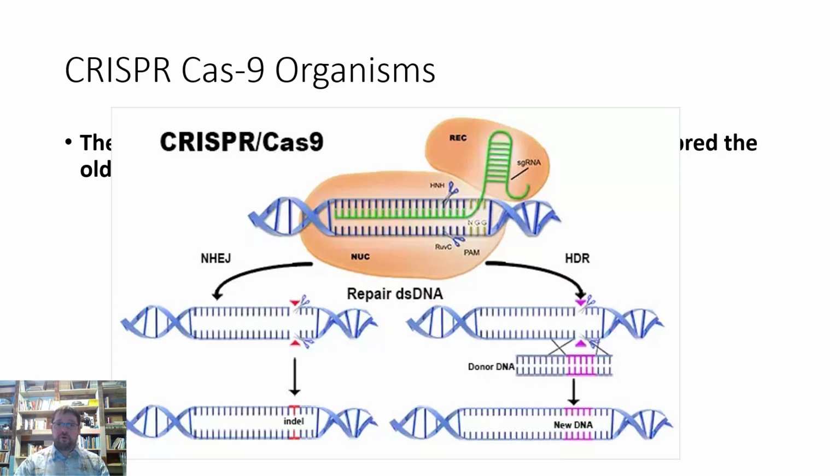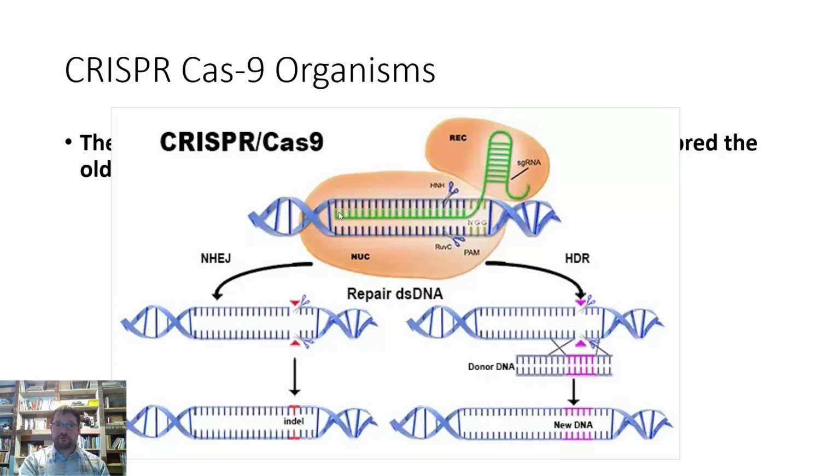Or why don't we remove a small section and replace it with a gene that makes that period much more extended? So you cut it out, and then you replace it with the donor DNA. The donor DNA is whatever you want. As a research scientist, it's whatever you want. You can manipulate that DNA however you want.